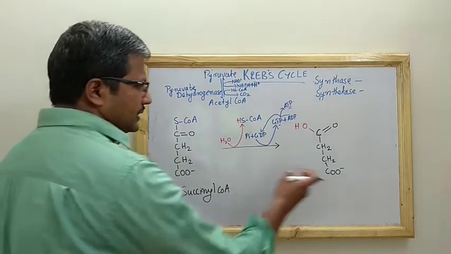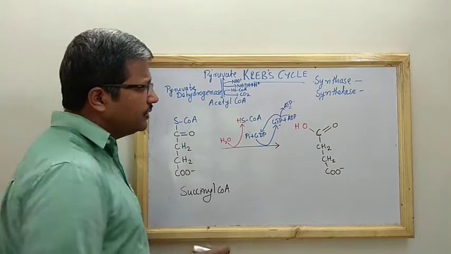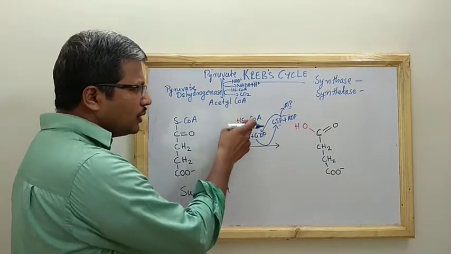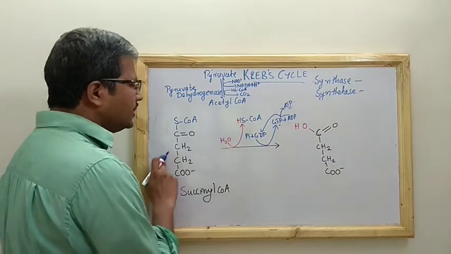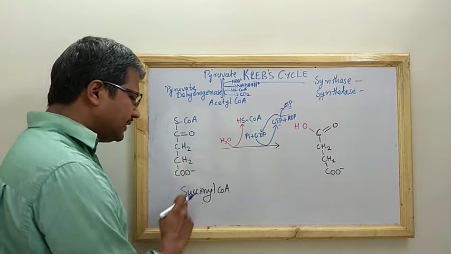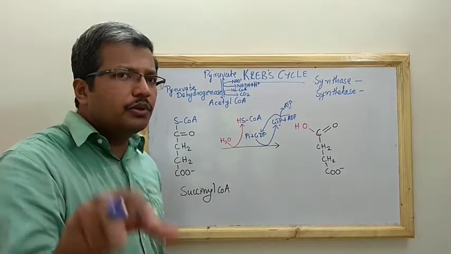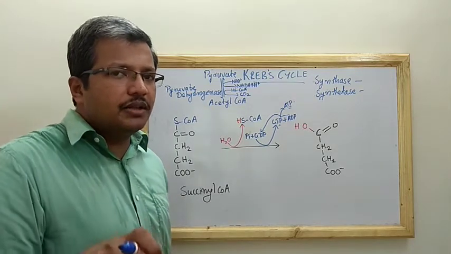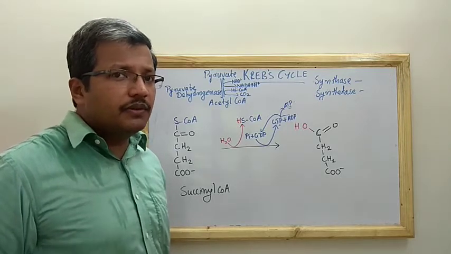Actually, think about the reverse reaction where one GTP molecule is utilized to add coenzyme A to the succinate to form the succinyl coenzyme A. So succinyl coenzyme A synthesis happened with the utilization of nucleotide triphosphate. If nucleotide triphosphate is utilized, the synthesis enzyme is known as synthetase or synthase.